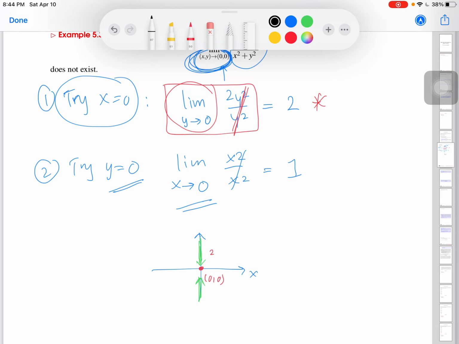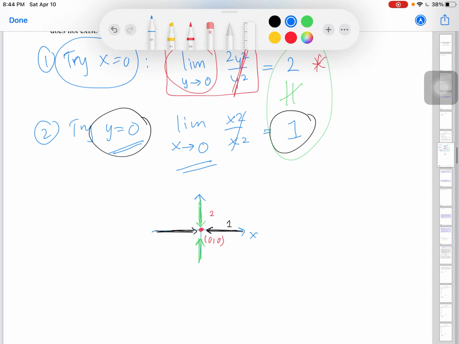And we also showed over here that if I approach along y equals 0, which is the x-axis, using these paths, the limit I get is 1. So these two L values are not equal, so we conclude that the limit does not exist. That limit does not exist.